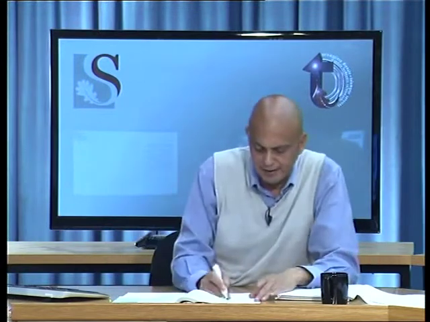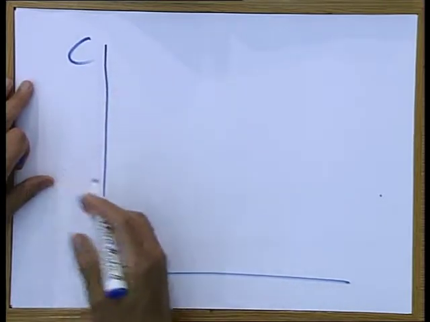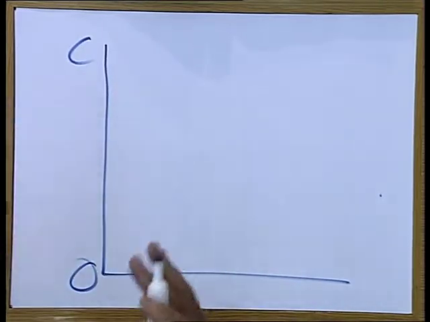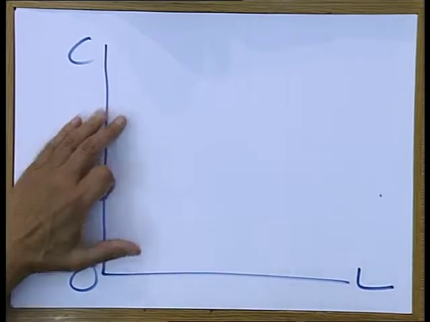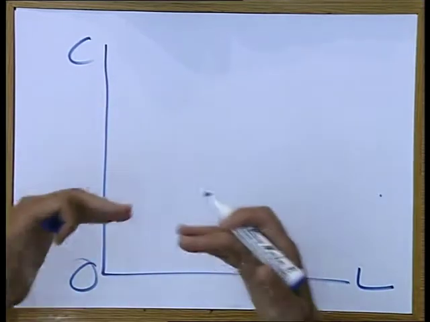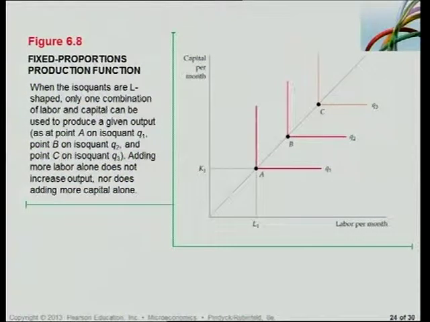What about when we talk about the fixed proportion production function or the Leontief production function? How will the shape of the production function then be? If that is the case, if you draw a production function, you have capital per month, the units of capital. We're talking about the quantity of units of capital being used, and the number of labor units that you are using per month. And then you will see the proportion.